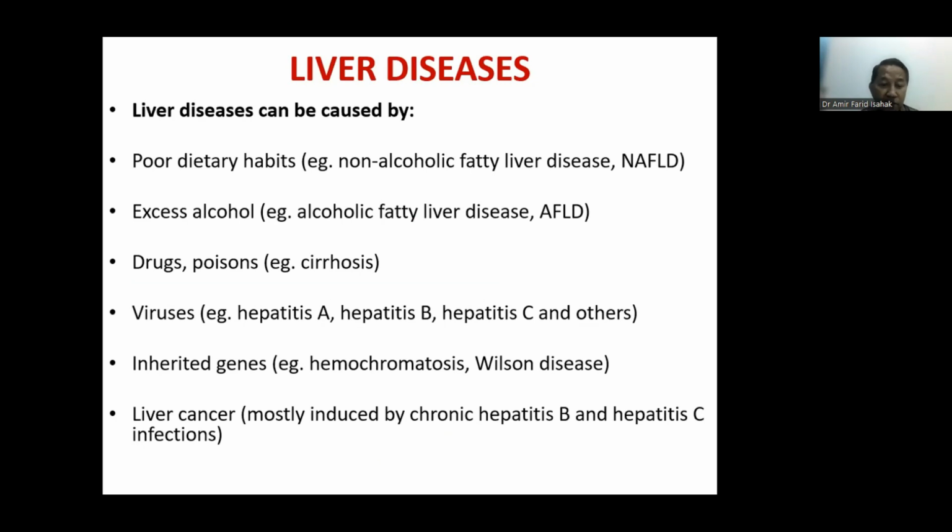And then a whole range of viruses, starting with hepatitis A, hepatitis B, hepatitis C. Now, there are many more, but these are the three that we're most familiar with. And then there are the inherited diseases, hemochromatosis and Wilson disease, that affect the liver. And then, of course, you have liver cancer, which is mostly induced by chronic hepatitis B and chronic hepatitis C infections.